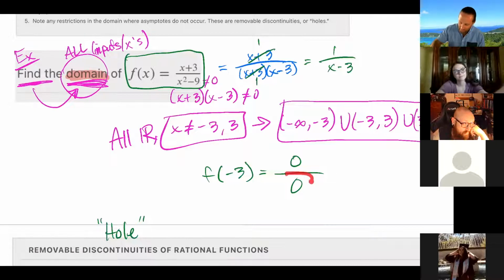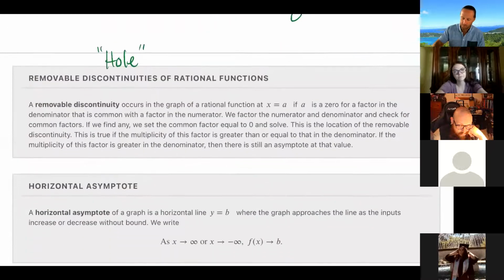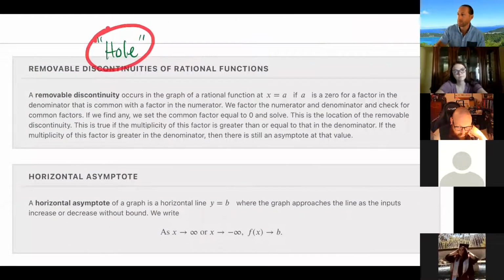We cannot divide by a 0. And of course, if we plugged in a +3 there, there, and there, we would have a 0 and then a 6. And we can't take 6 and divide by 0 either. Which is why we have those vertical asymptotes. But because we could rewrite this, that removable discontinuity, they call it, would give us a hole in our graph.